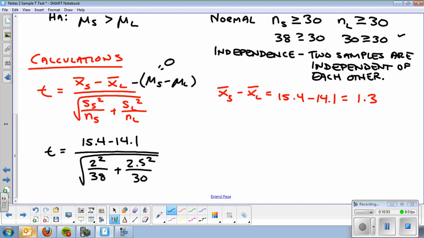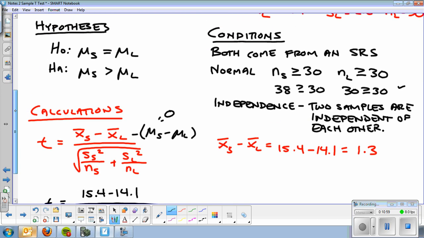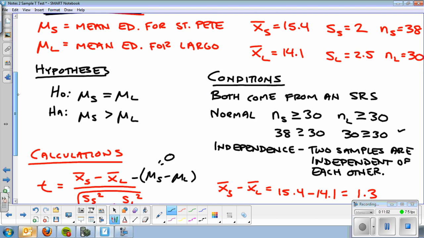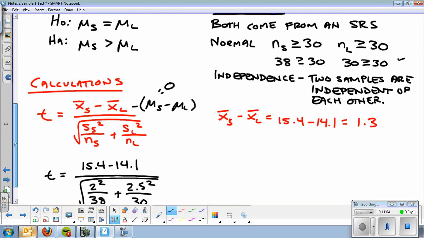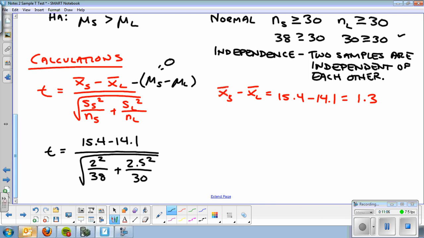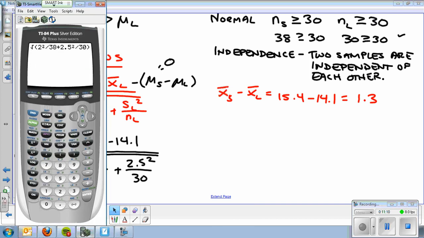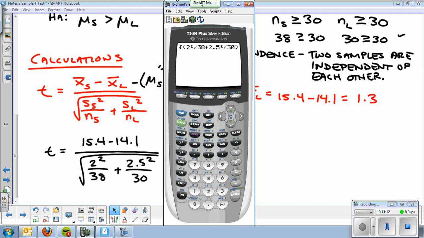So again, I'm matching up the standard deviation of the St. Pete, 2 squared, over the n of the St. Pete, which was 38, and then 2.5 squared over 30. Now I can type that right in my calculator, just like that. 2 squared divided by 38 plus 2.5 squared divided by 30, and that will give me the standard error, which we're just going to call 0.56, because that would round up.